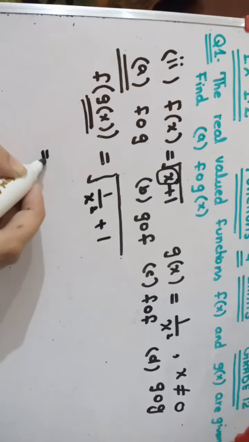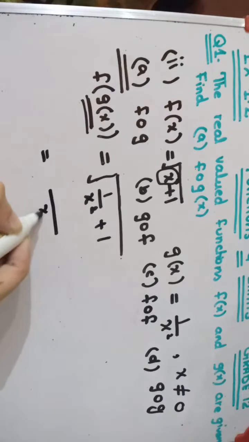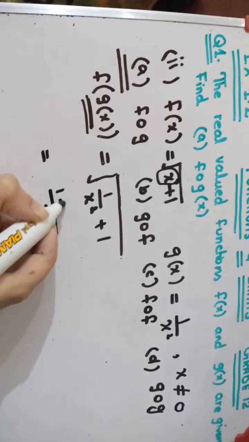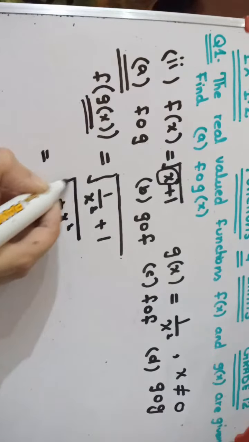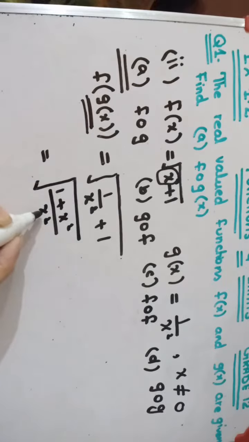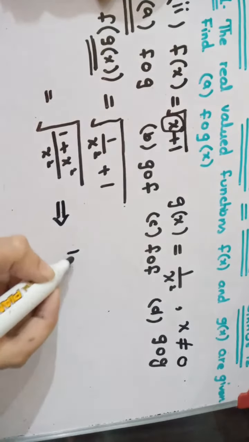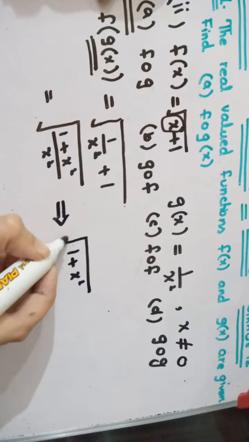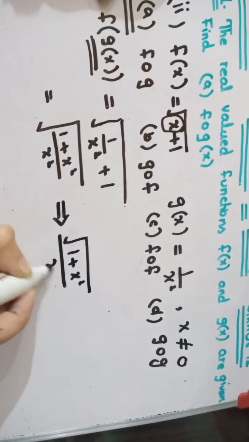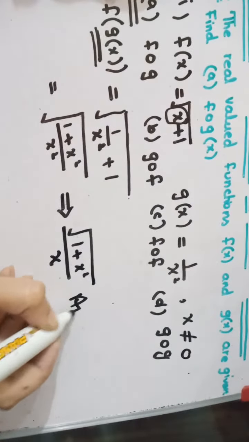You will take the LCM, x square, 1 plus x square, square root. You will separate out the square root in the numerator and denominator, then you will get the answer square root of 1 plus x square divided by x. This is your required answer.